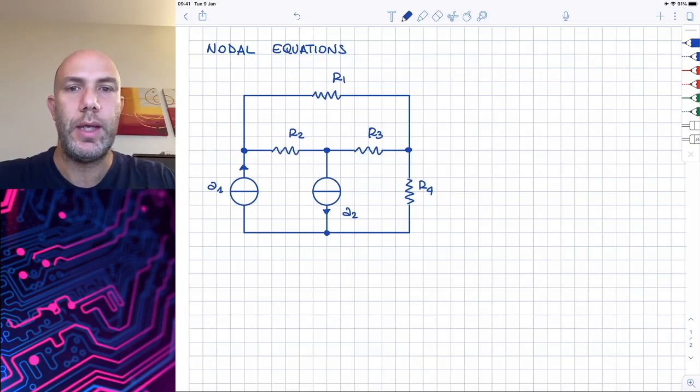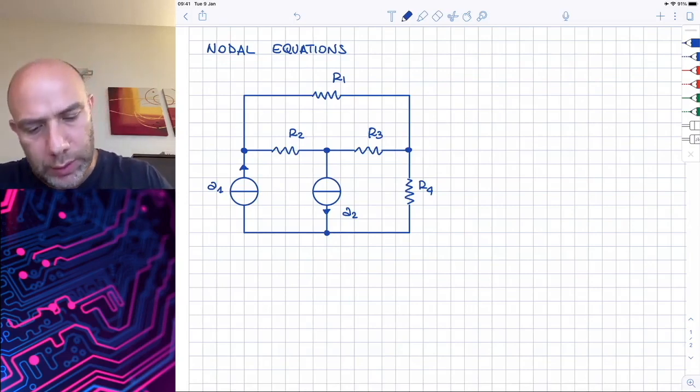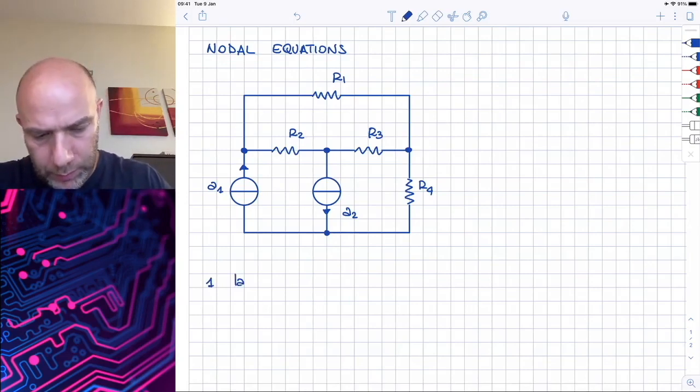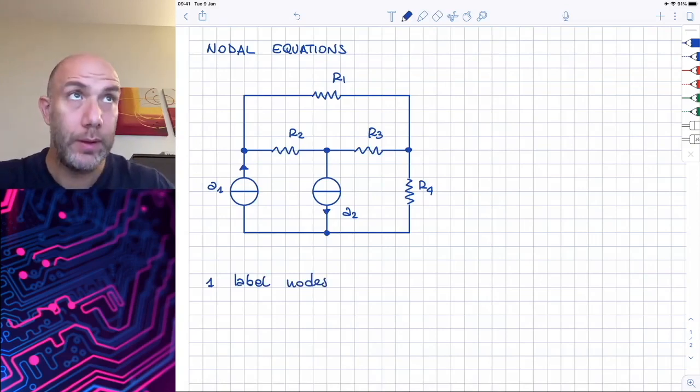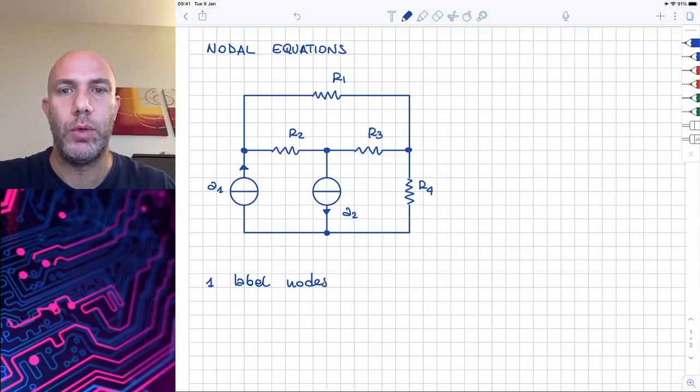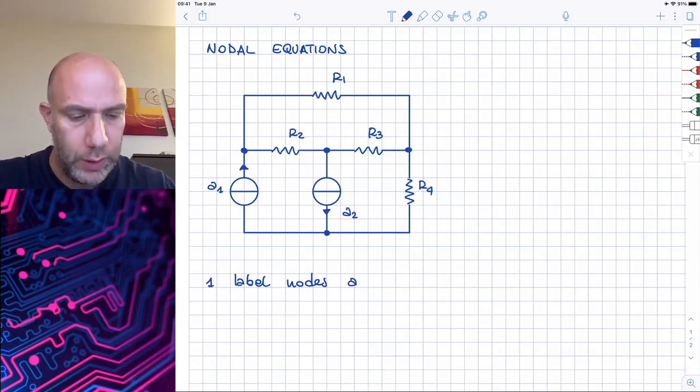So the method is based on Kirchhoff current law applied to nodes. So the first thing that we have to do is to label nodes. And to do so, we assign numbers to nodes, assuming one of these nodes as a reference node.